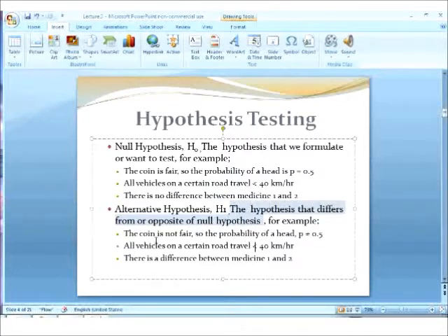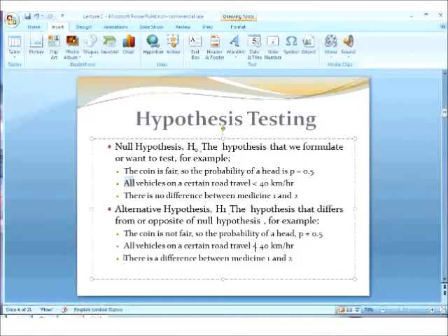For example, the coin is not fair, so the probability of having a head is less than 0.5. Or the alternative hypothesis to the second null hypothesis is that all vehicles on a certain roadway travel less than 40 kilometers per hour, or all vehicles on a certain roadway travel at a higher speed, like more than 40 kilometers per hour.